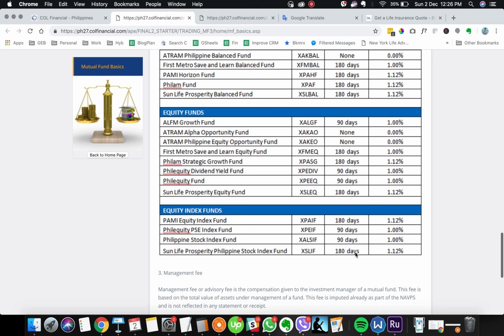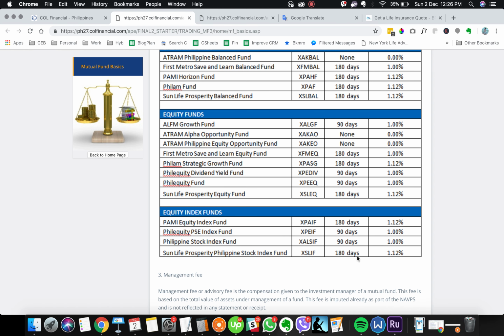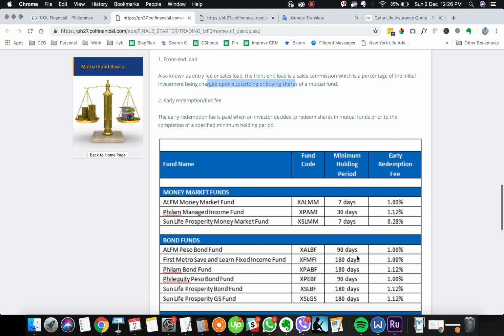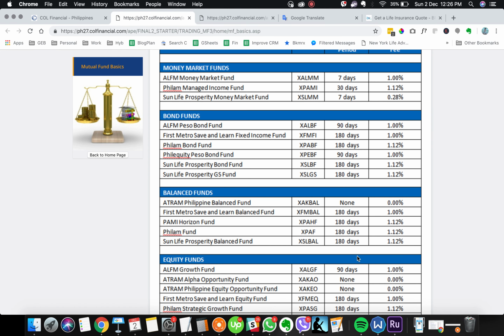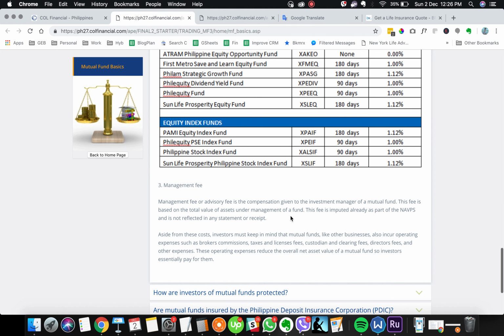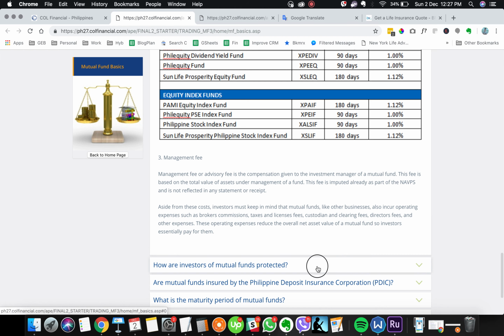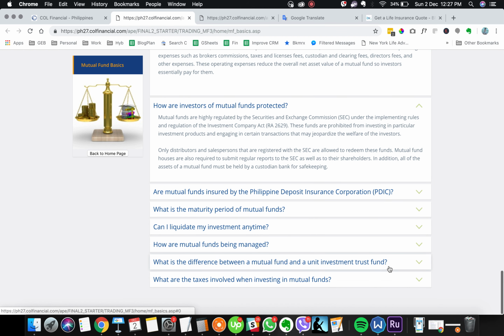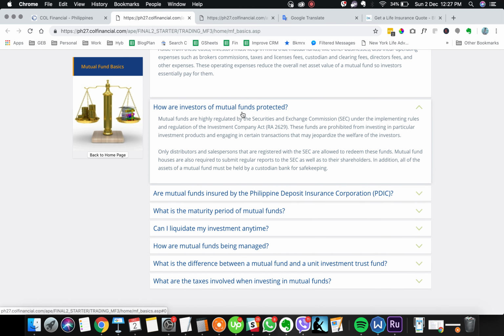The maximum, I guess, is 180 days or 365 for a 6 months holding period. This is to encourage you to be a long-term investor. The management fee is already computed in the NAVPS. Remember the computation we had at Part 1. For all pooled funds, we subtract the liabilities such as the management fee of the mutual fund advisor.